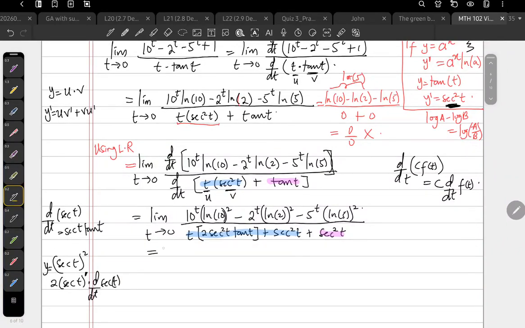So we can now try the direct substitution one more time. Let's see if we are going to need to continue doing L'Hopital's rule or it ends here. If we plug in t equals 0, we get 10 raised to the power 0, which is 1.